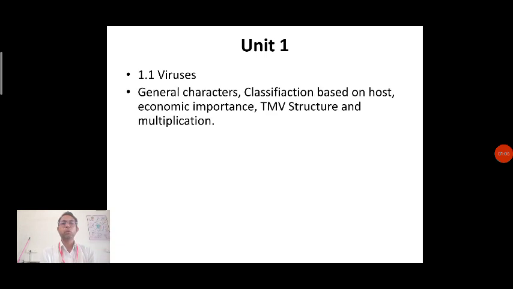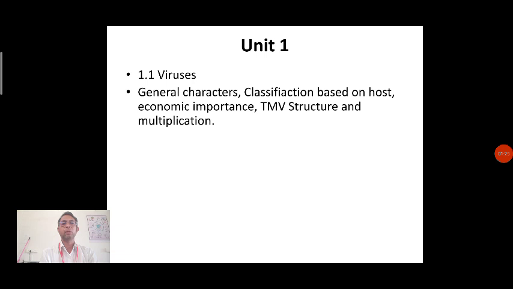Now when we look at the unit number 1 of this paper, we can see that there is inclusion of viruses, general characteristics of viruses, classification, and based on the economic importance, based on the host.